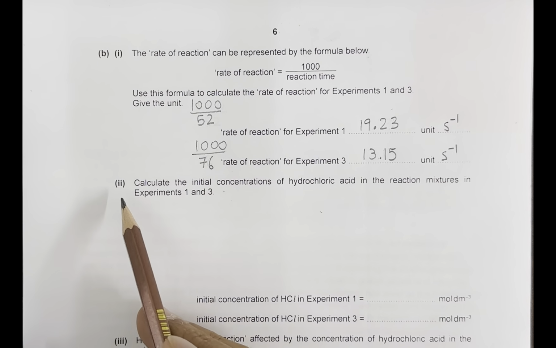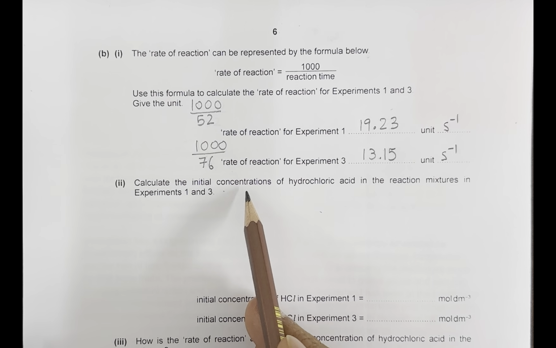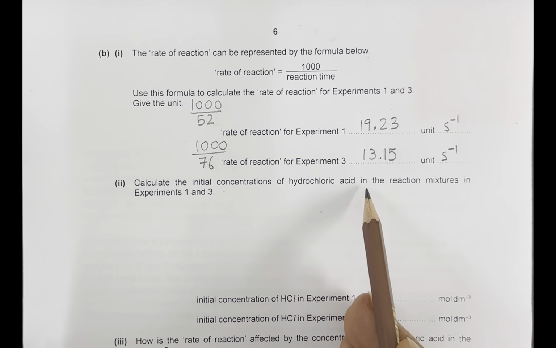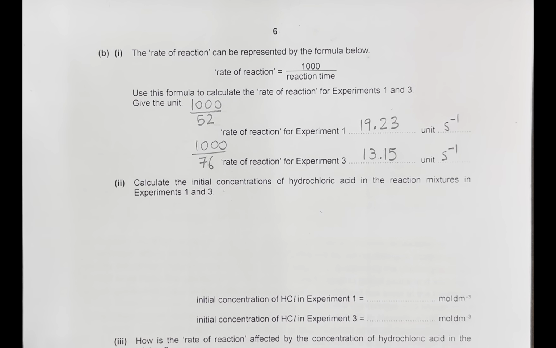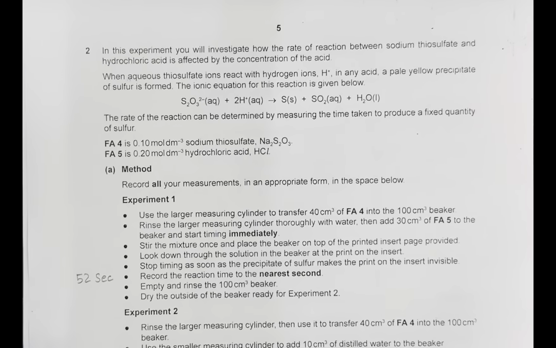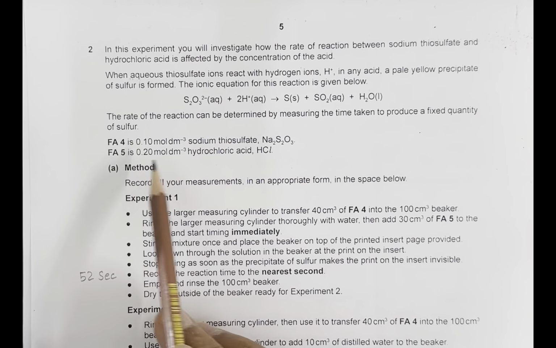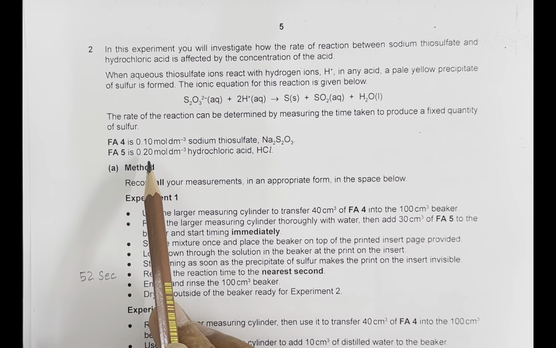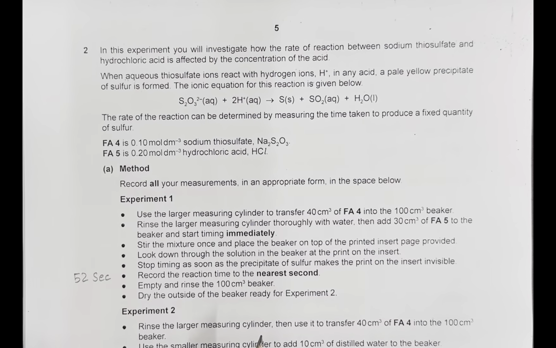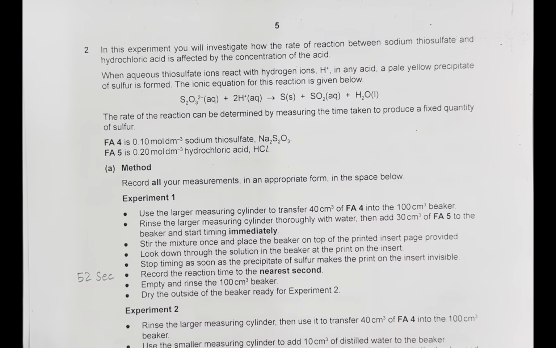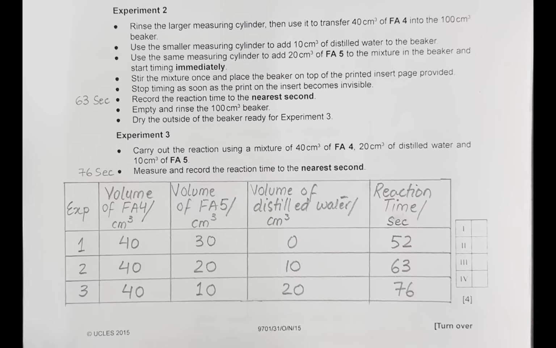The next part says calculate the initial concentrations of hydrochloric acid in the reaction mixture in experiments 1 and 3. Now, if we look at the first page, they have given us the concentration of acid, 0.2. But why have they asked you to determine the concentration for experiments 1 and 3 now? It means the concentration must have changed because you have added other things.